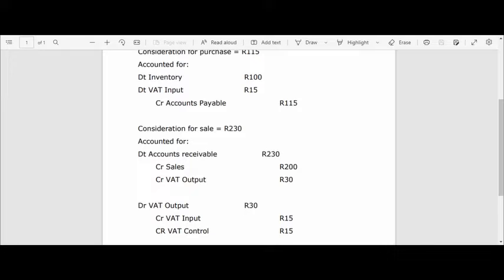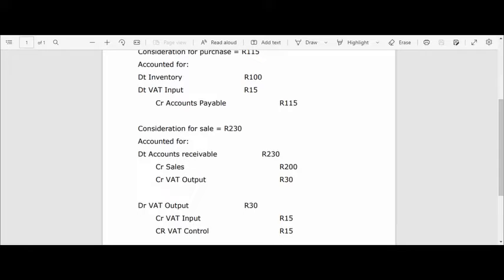The VAT input tax account also now has a zero balance at the end of that VAT period. We start afresh in the new VAT period, from scratch, from zero. Also, the effect of that is that we now have a VAT control account with a credit balance of 15 rands.